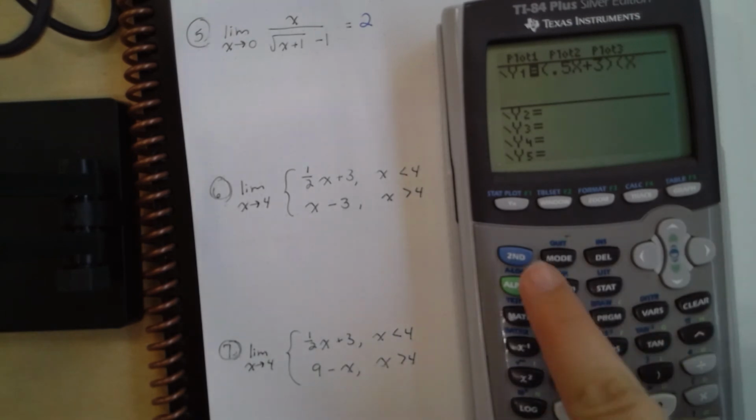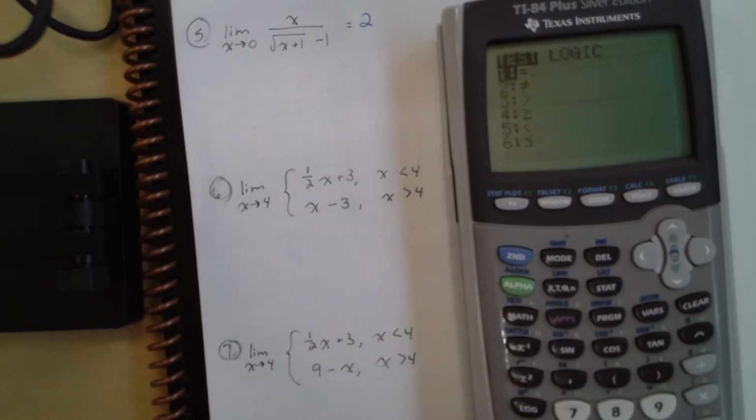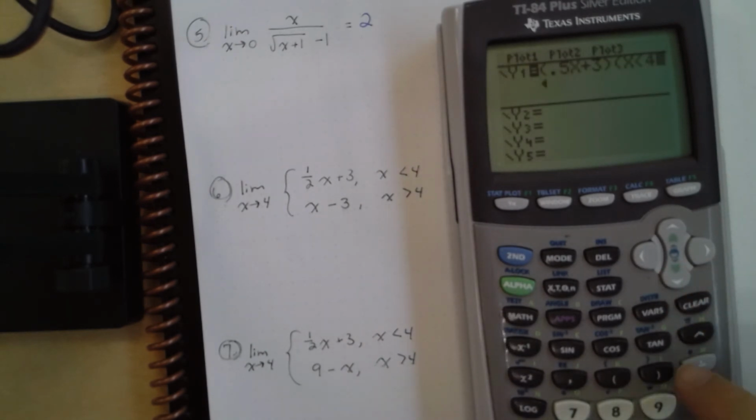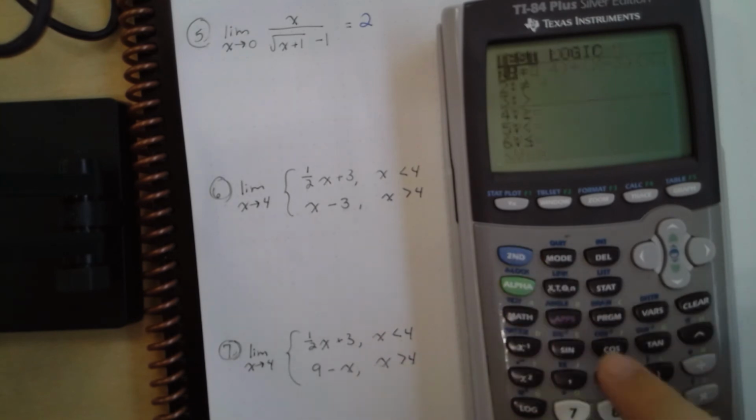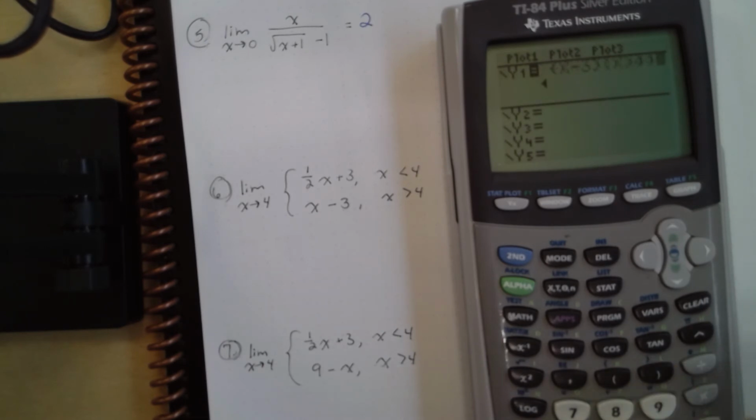X, second math, less than, so that's number 5, 4, close parentheses, plus open parentheses, and then I'm going to put in my second line there. So x minus 3, close parentheses, open parentheses, x second math greater than 4. So at 3, 4. And we can graph this.